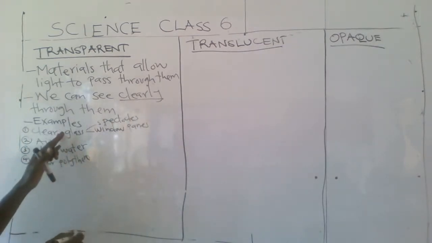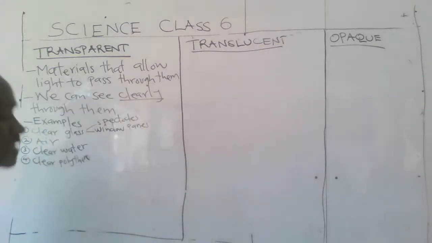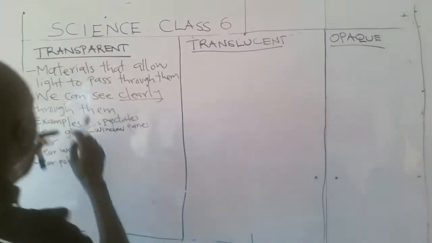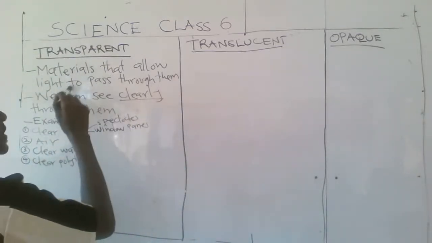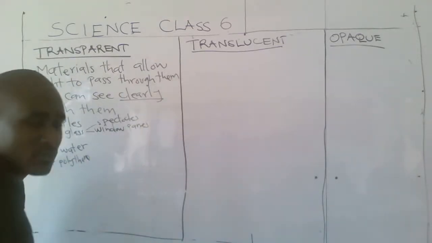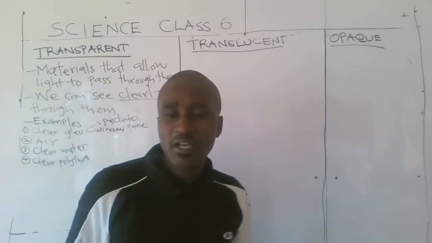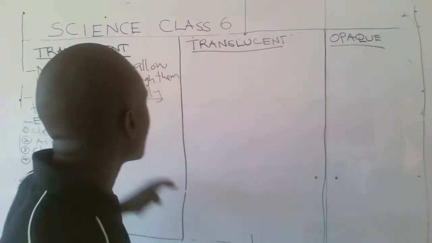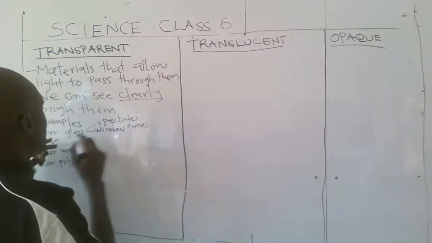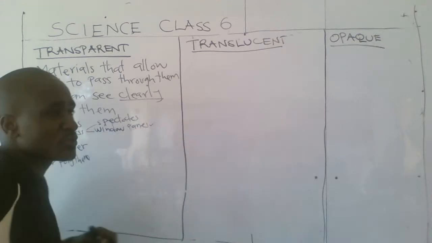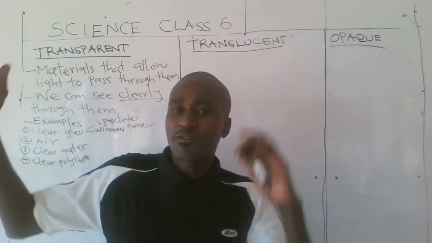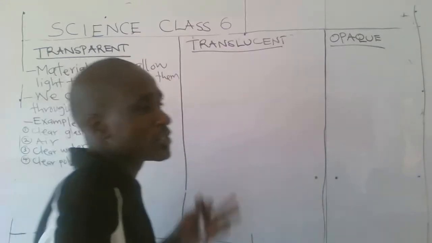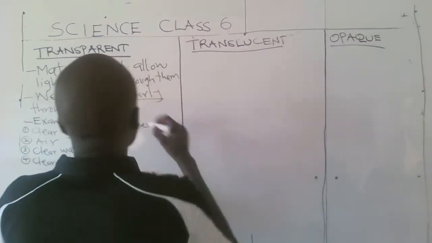Now we have come to the uses of transparent materials. Since these are materials that allow light to pass through them, they cannot provide privacy. That's why we use them in making window panes, so that light from the sun or from outside can pass into the room and we see clearly.